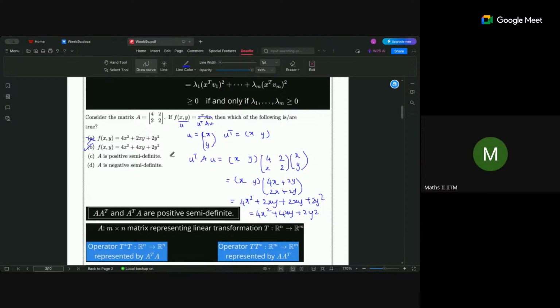How will you find? How will you know that it is positive semi-definite or not? Eigenvalues, and if they are positive. Yes, so find the eigenvalues quickly. Everyone quickly find the eigenvalues. What are the eigenvalues of this matrix?